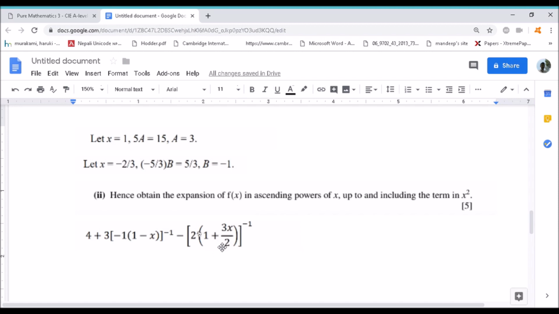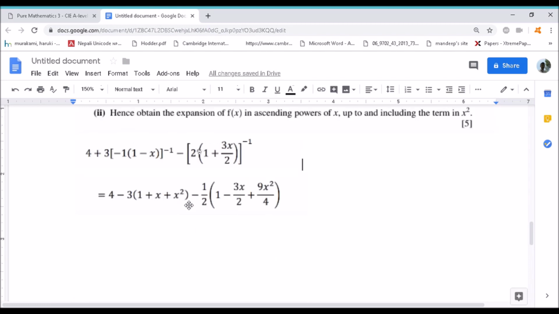I just took the 2 common from here. After this, you just expand to x square, and you expand the other one to x square. So 2 to the power minus 1 is 1 over 2 when it comes out, so it will be 1 plus 3x over 2. Simplify this using the formula you are given in the formula sheet.